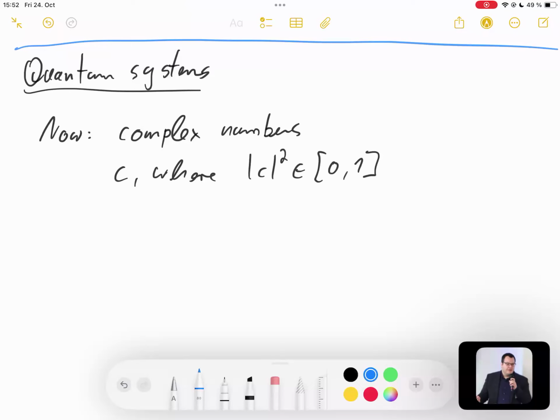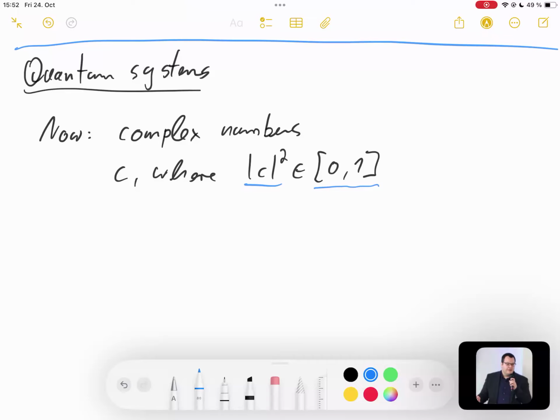So the modulus squared of the complex numbers we'll be dealing with is a real number between 0 and 1. Why are complex numbers needed for what we want to do now?